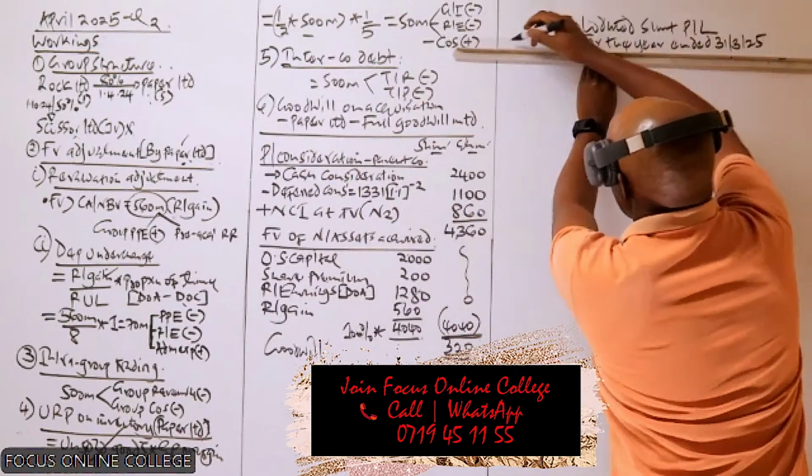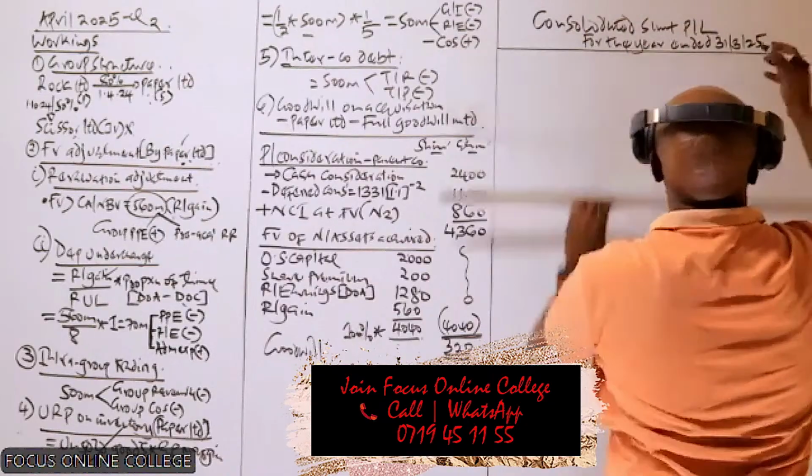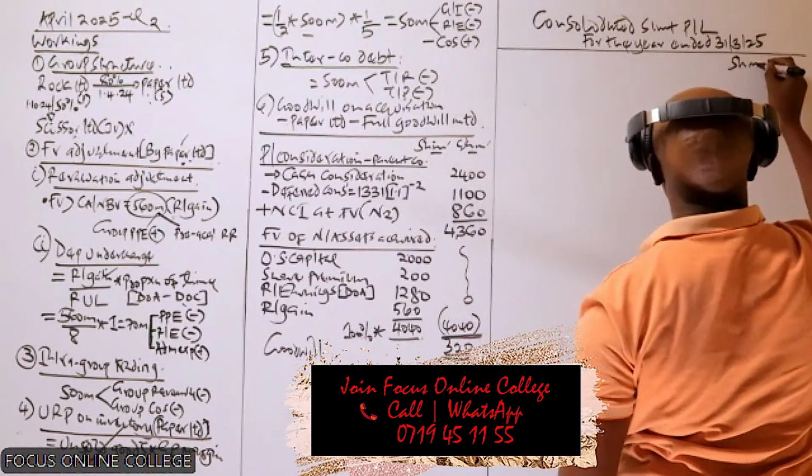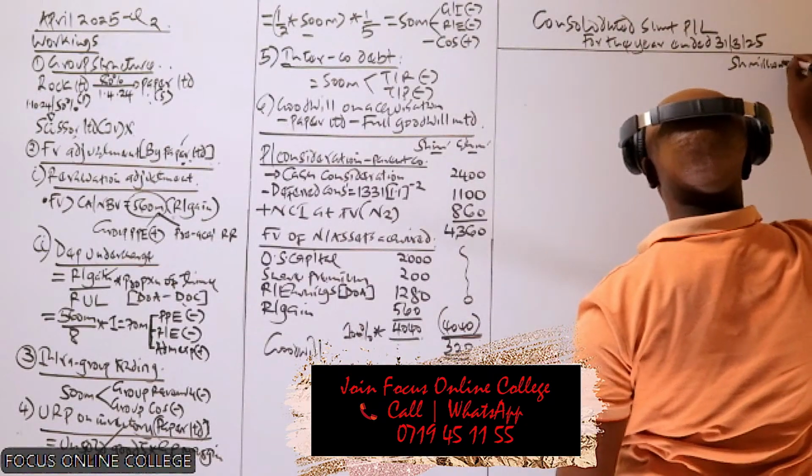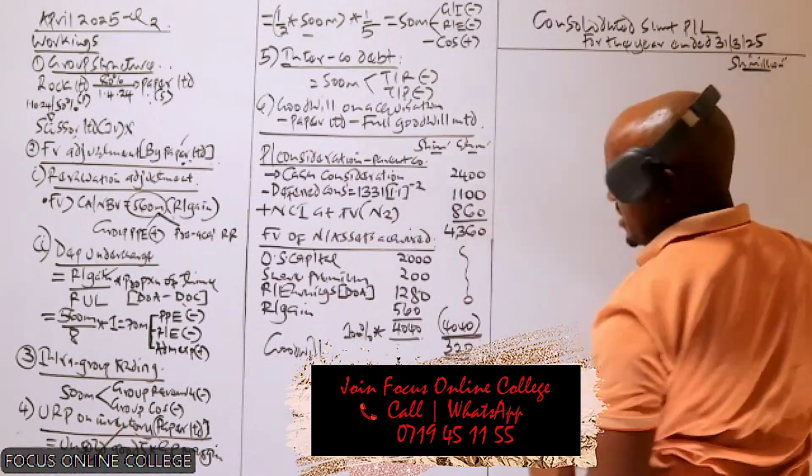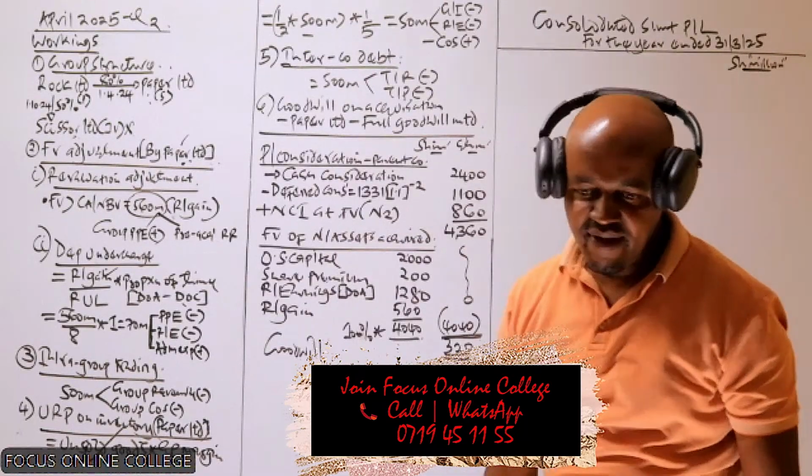Here we just need a single column, and we indicate that our figures are in millions of shillings. So how do we prepare this?